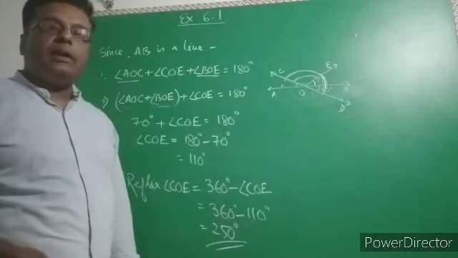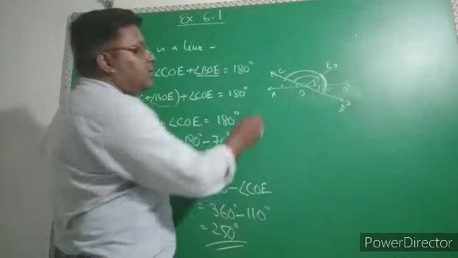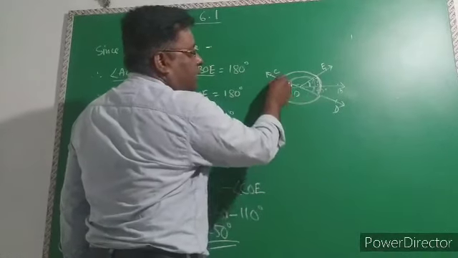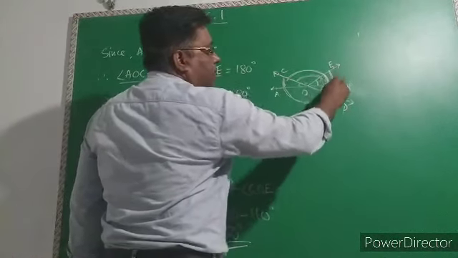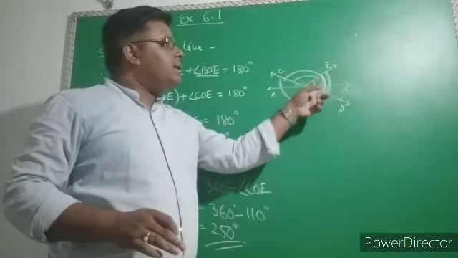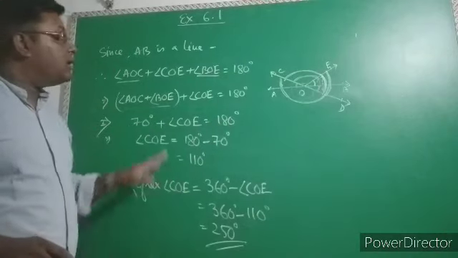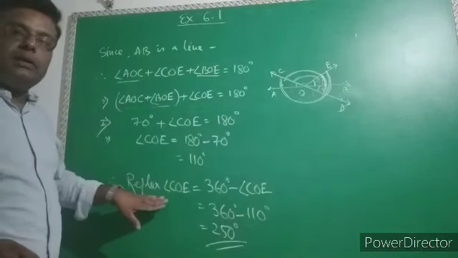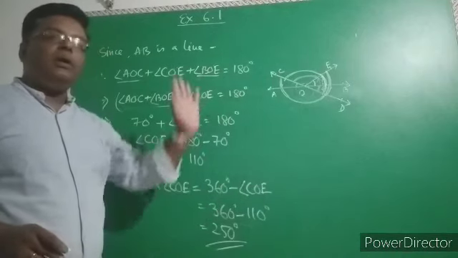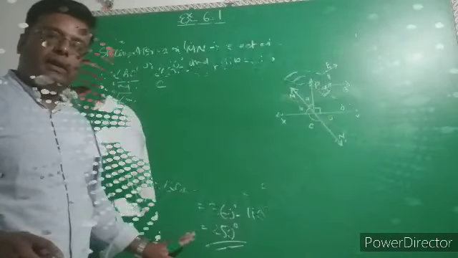Or otherwise you can find the reflex COE directly, which is angle COD plus EOD, that is 180 plus 70. Then also you get reflex COE. So you can use any method, just follow the correct rule or correct steps.